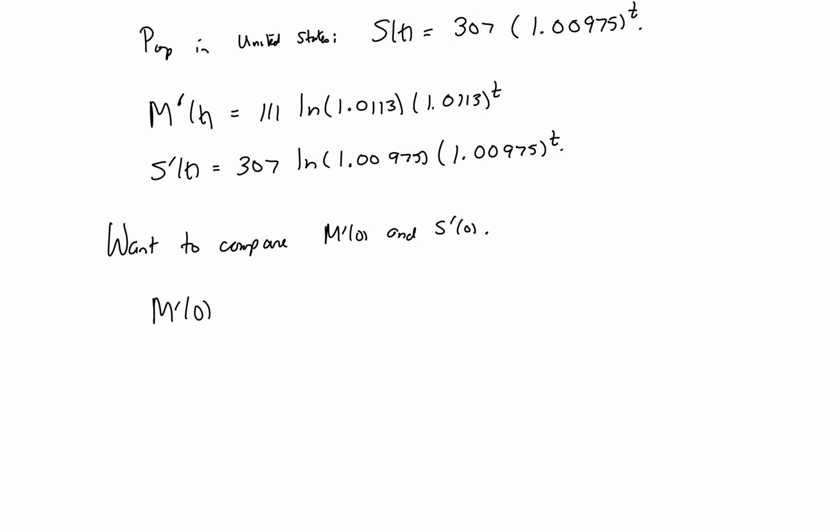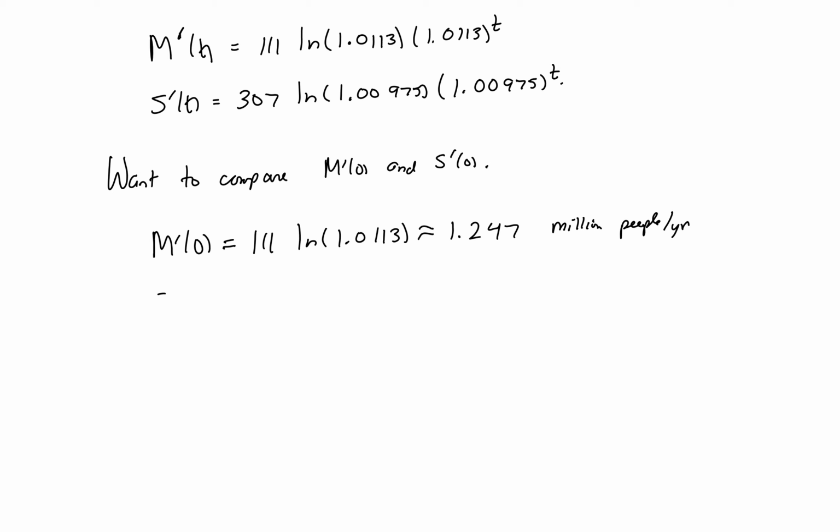So m prime of 0 is going to be 111 times natural log of 1.0113. If we put that into a calculator, this is about 1.247 million people per year, which is what the population of Mexico is growing at in 2009.